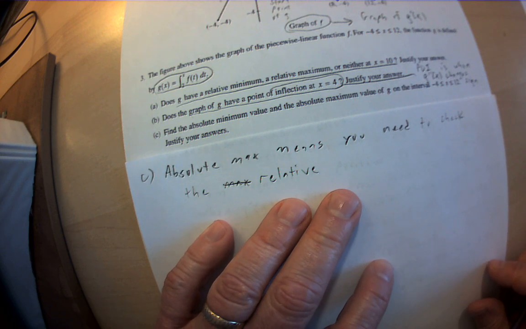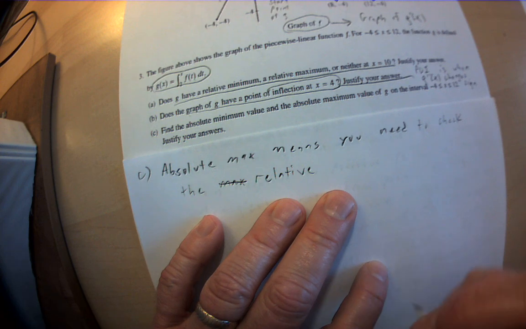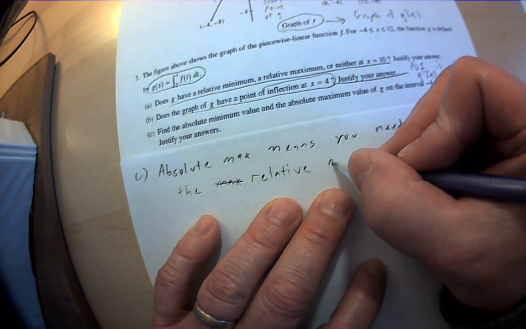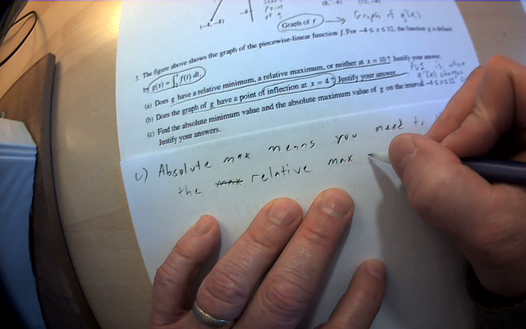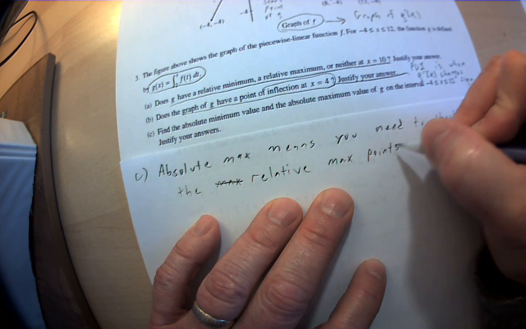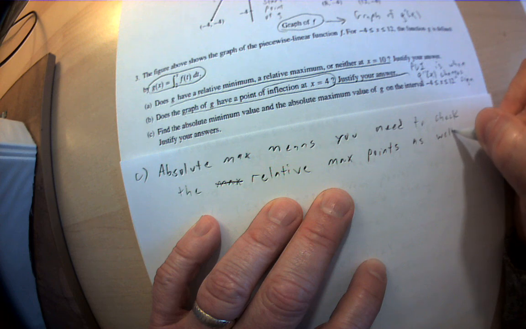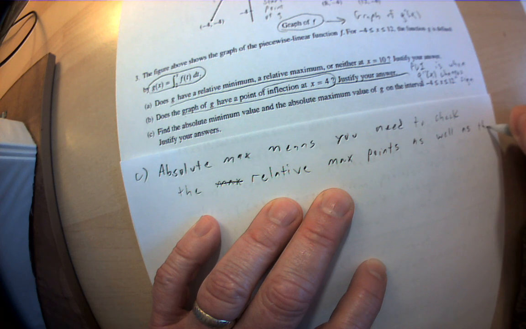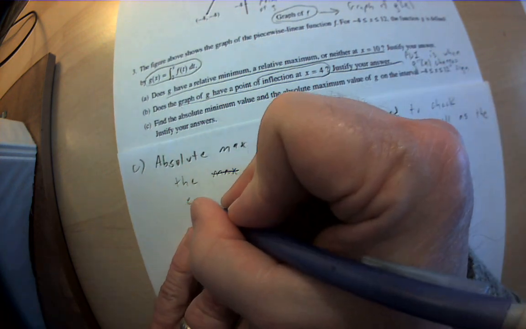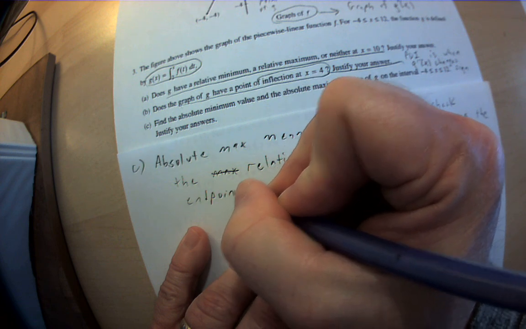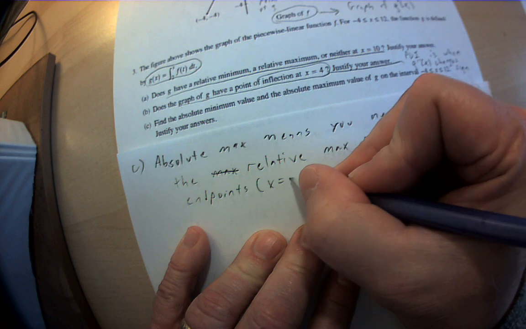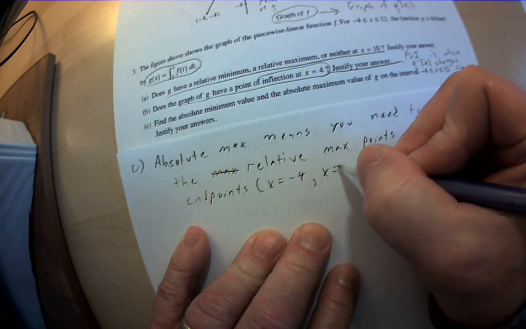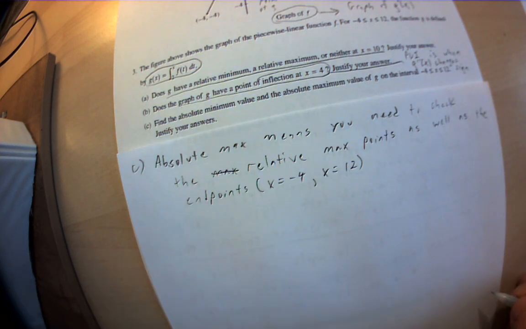So absolute max means you need to check the relative max points as well as the endpoints. The endpoints are x equals -4, x equals 12. Okay?